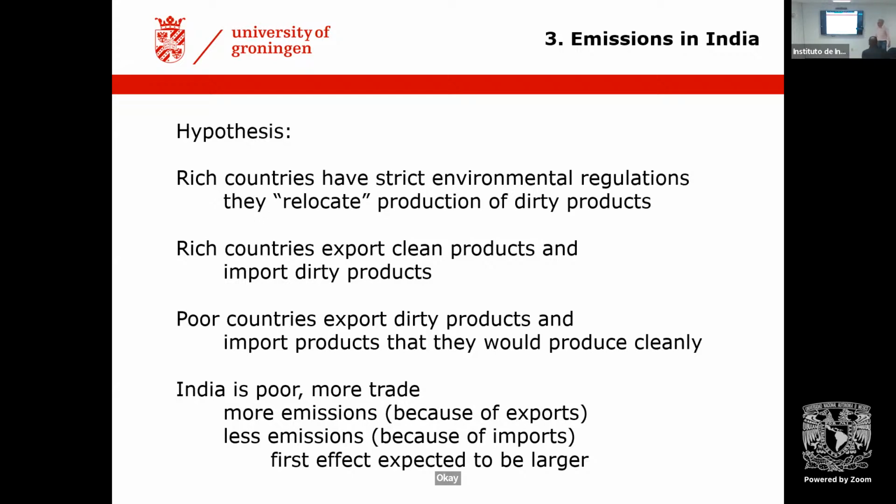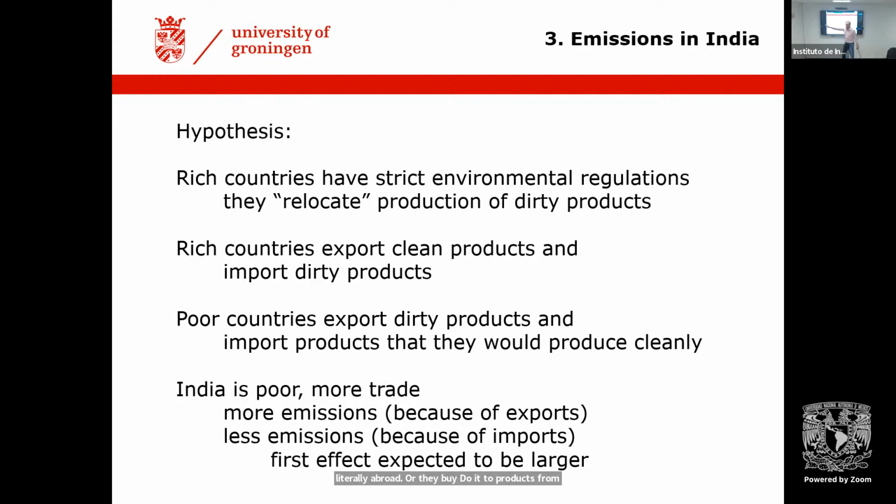The idea of the pollution haven is that, in particular at the time that we're talking about, the early 2000s, rich countries often have strict environmental regulations, and therefore they relocate production literally abroad, or they buy dirty products from abroad.